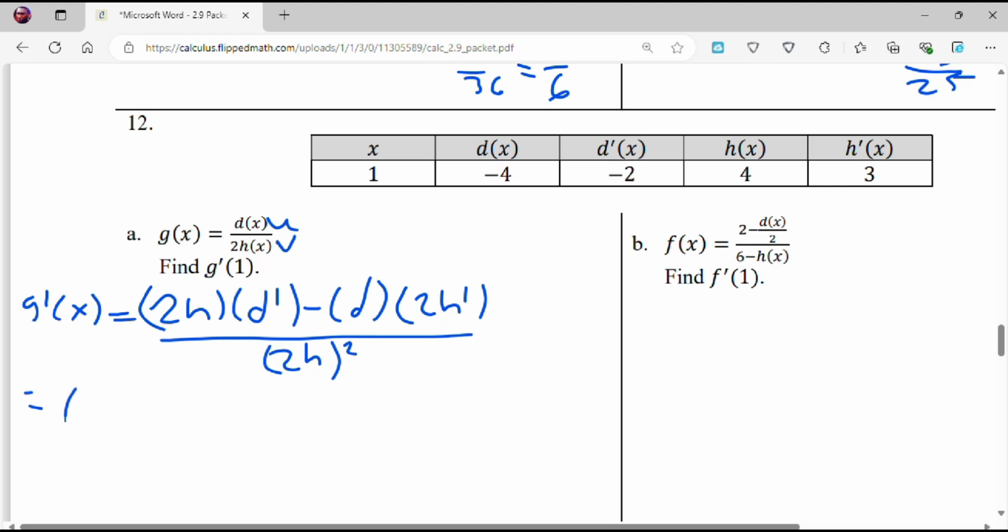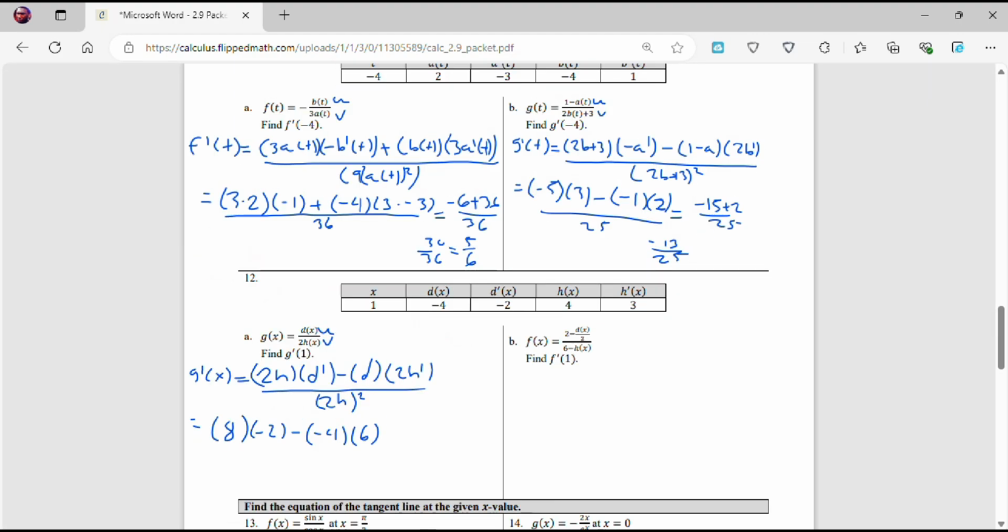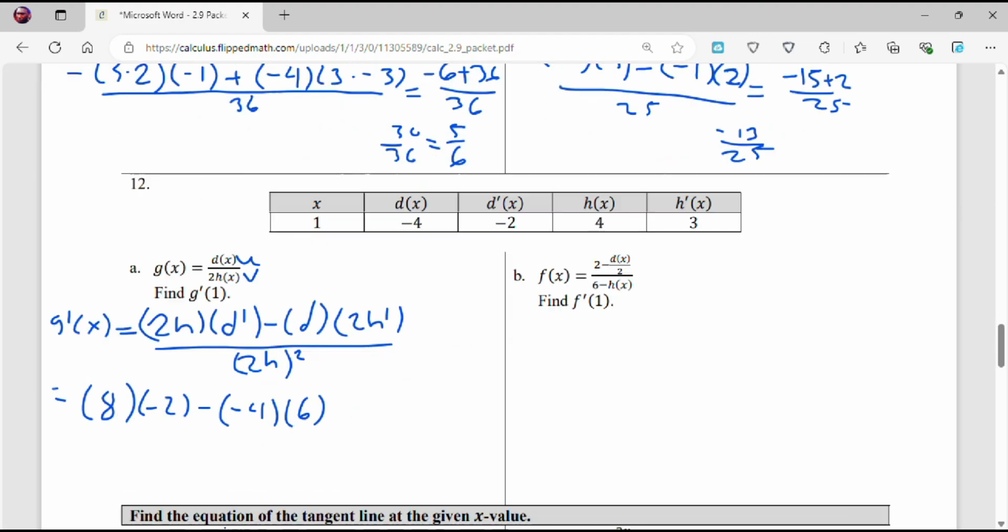Plug in values. So 2 times h is 4, so 2 times 4 is 8, times d prime is negative 2, minus d, so d is negative 4, 2 times h prime is 3, so 2 times 3 is 6, over 2h squared, right?